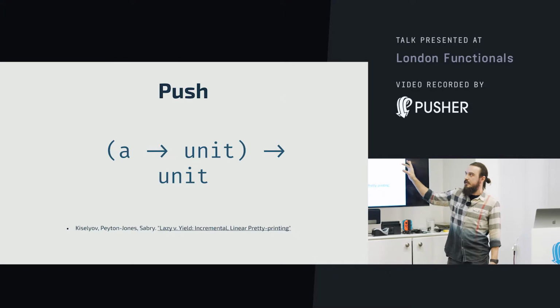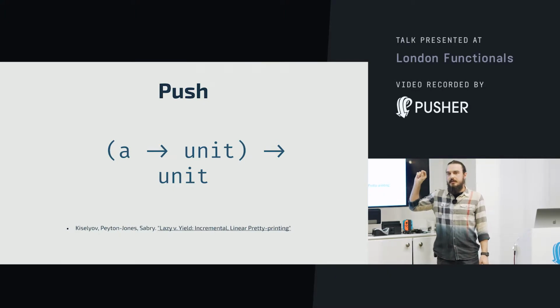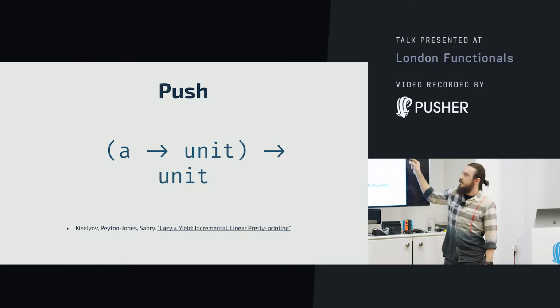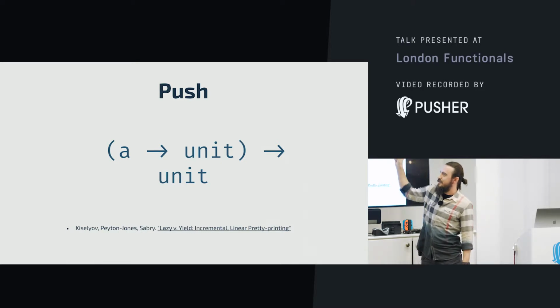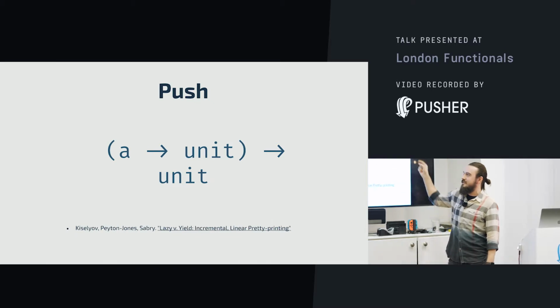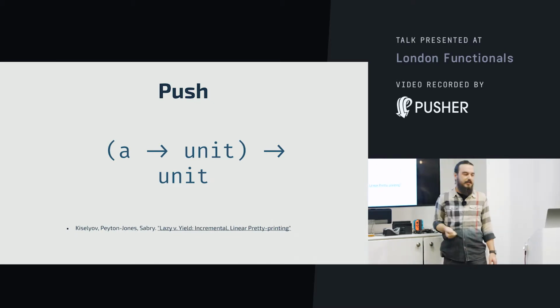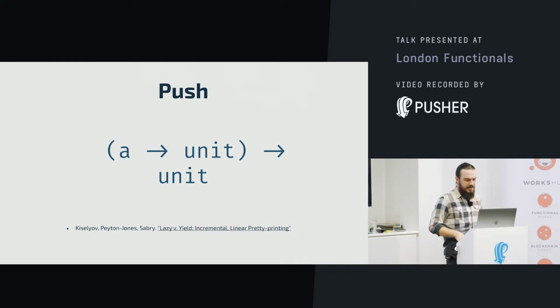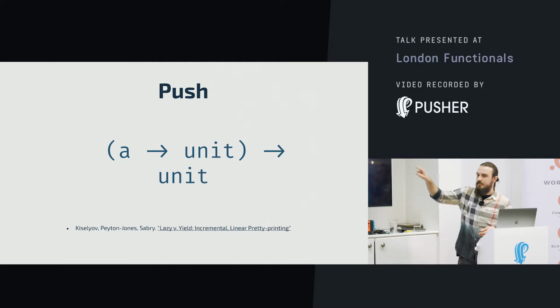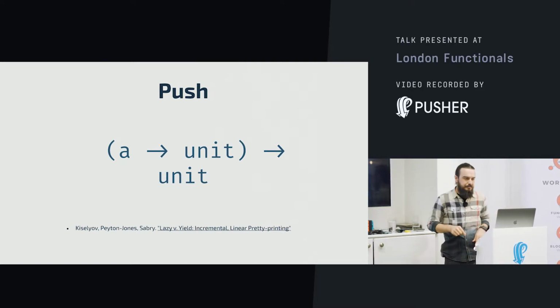This thing here is a continuation specialized to the unit result type. Okay, so we take this callback function and expect the whole function to give us elements of type A, and then something will happen. So it's like a dev null, like a black hole for values, the consumer function.